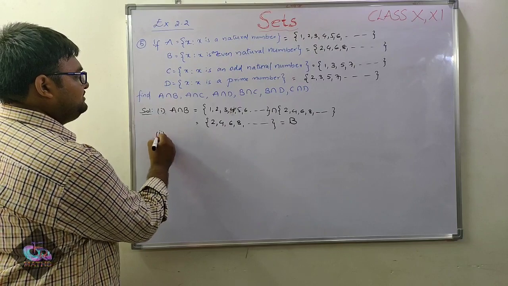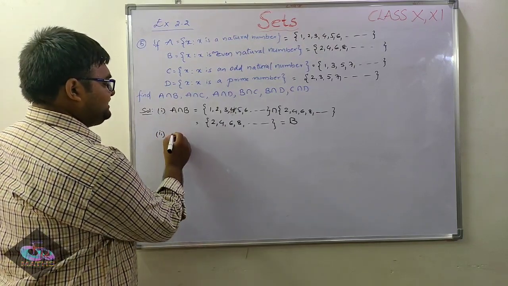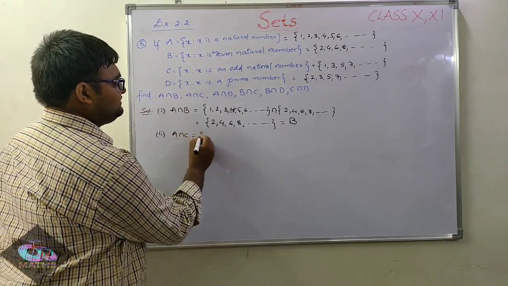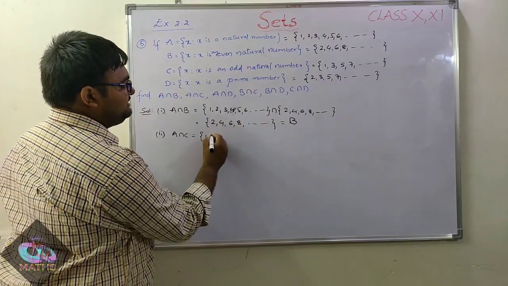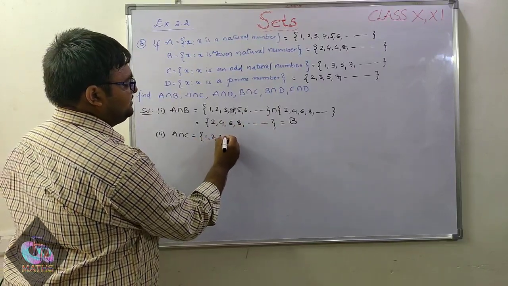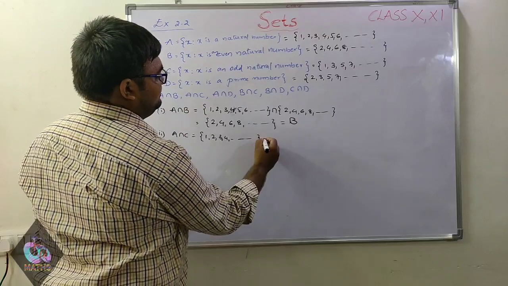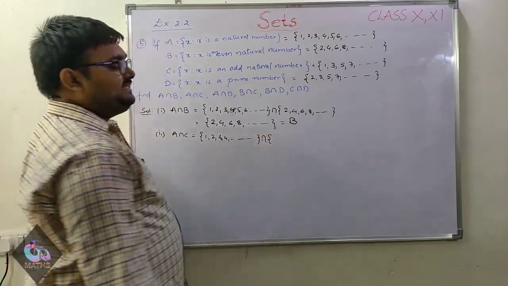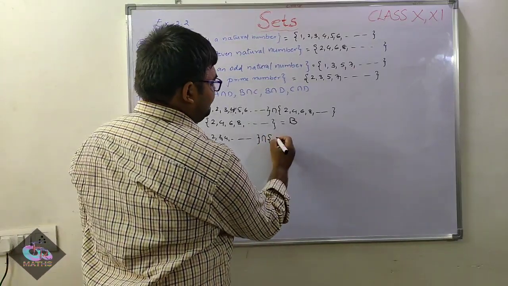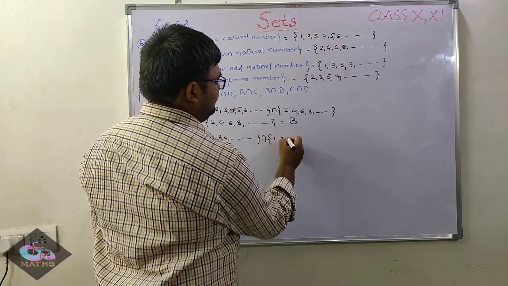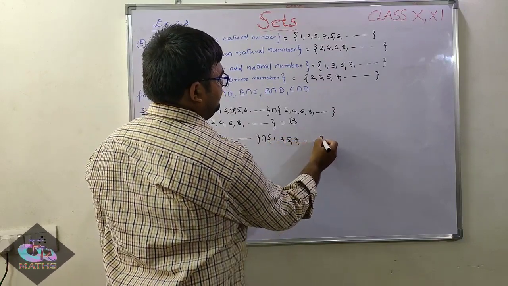Now coming to the second one, A intersection C. What is A here? The set of natural numbers, 1, 2, 3, 4 and so on. Intersection C is the set of odd natural numbers, 1, 3, 5, 7 and so on.